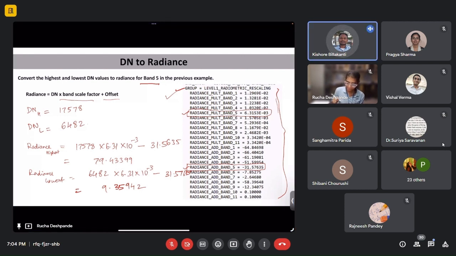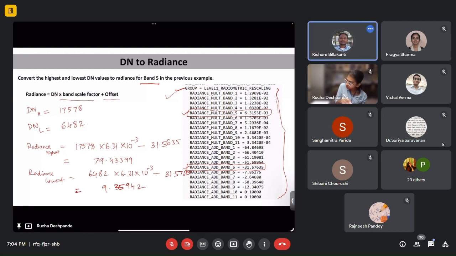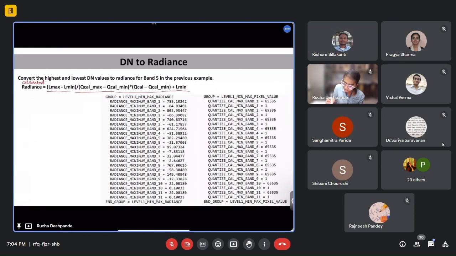What is QCal here? QCal is the quantized calibrated pixel value. These are the maximum and minimum values of this band.